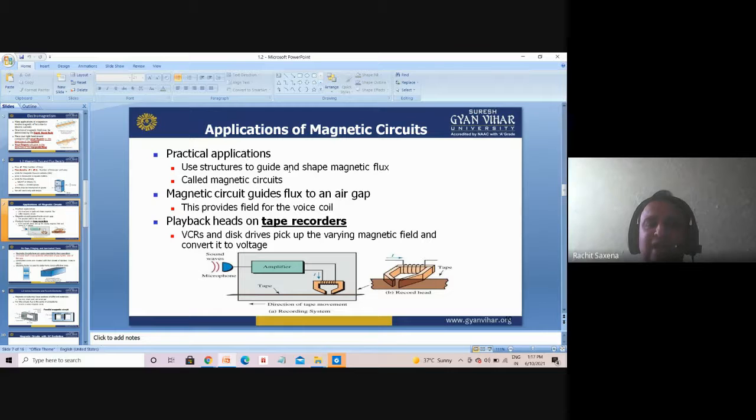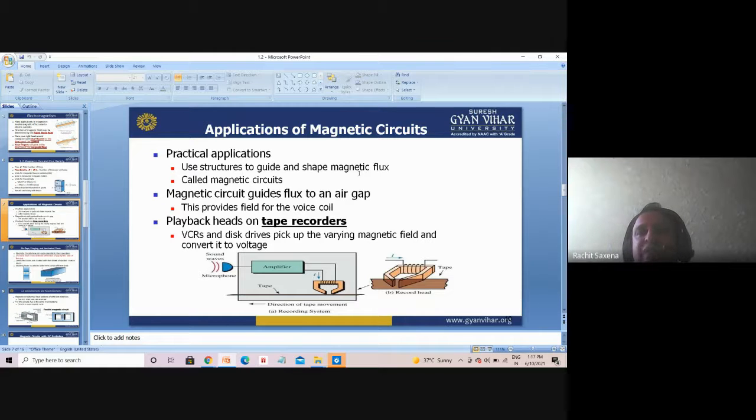Use structures to guide and shape magnetic flux. Practical application: if I want to fill water in a glass, that glass may be oval, circular, whatever, whichever glass or bucket you are using, the water takes the shape of that thing. So we need a structure to guide and shape the magnetic flux.